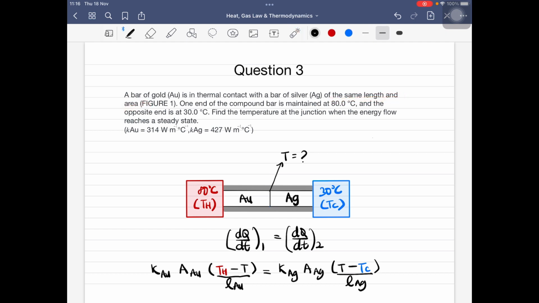So the length of the gold is equal to the length of the silver, which means we can cancel them out. The area of the gold and the silver are also the same, which means we can cancel those out too, which leaves us with the remaining terms in the question. So we're going to proceed.